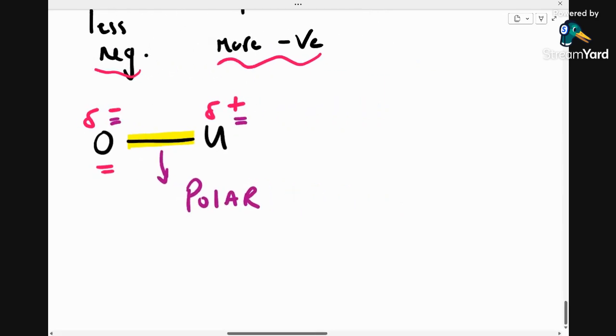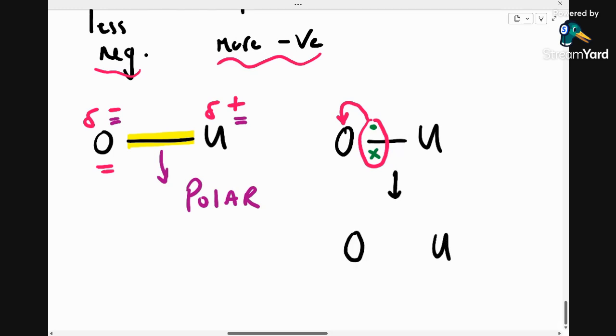If ions were going to form in this bond, if I draw this again, if the electron from oxygen is a dot and the electron from hydrogen is a cross, what we would need to happen is that both of these electrons here get given to the oxygen. It pulls them off completely and breaks this covalent bond. What this would produce is an oxygen and a hydrogen completely separated.